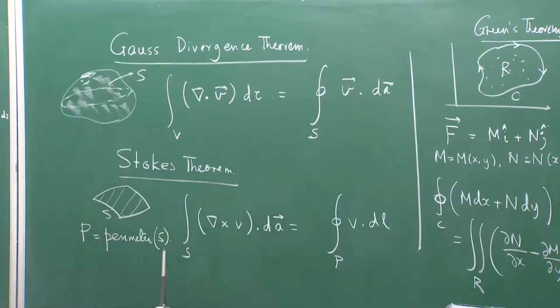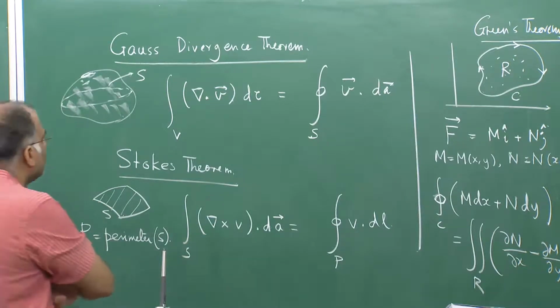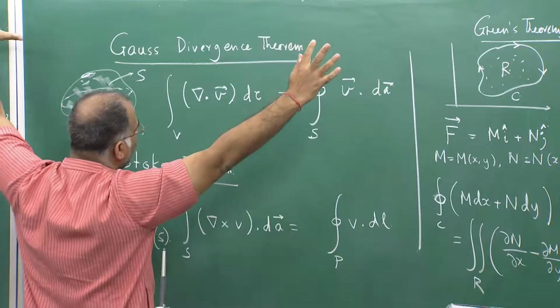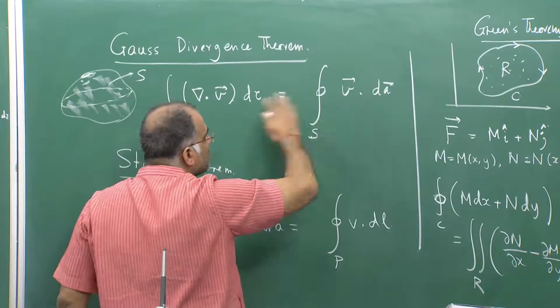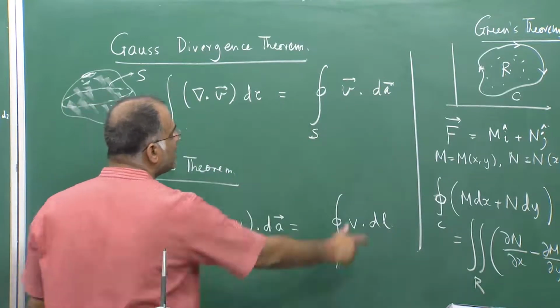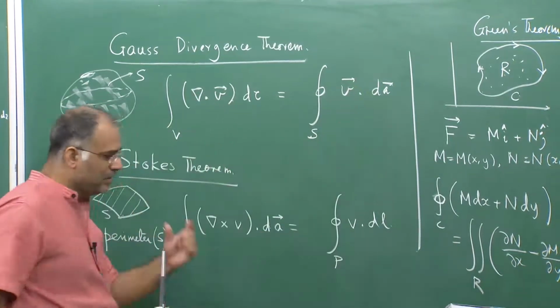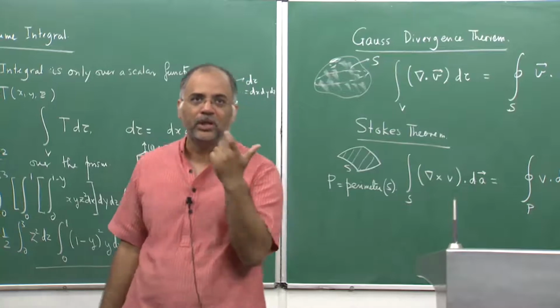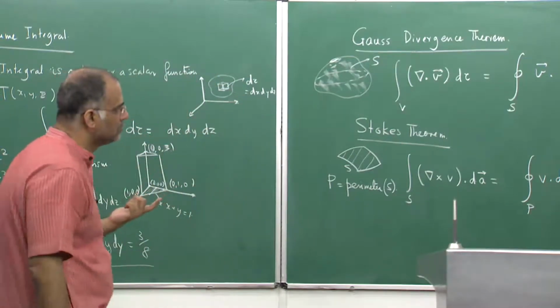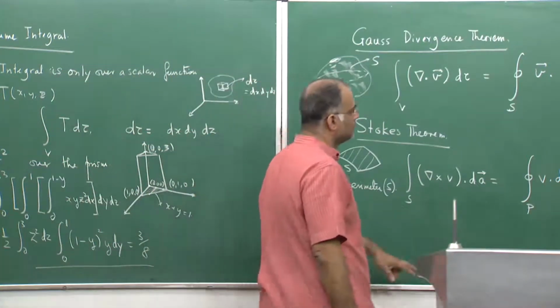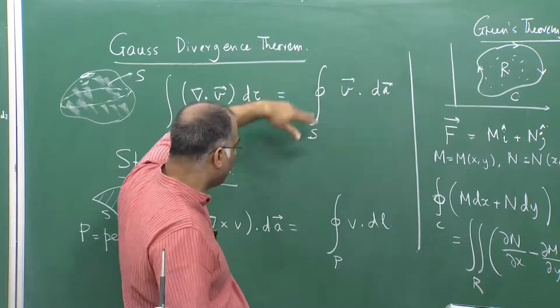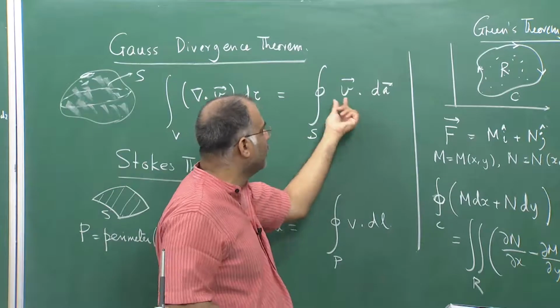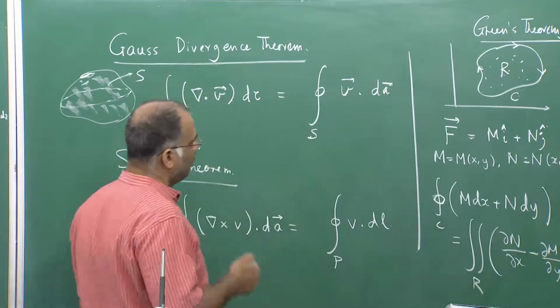So, basically what it is trying to say is that the spreading out of, say, a fluid from a given point is the same as its flux across the surface area. The flux is the change of volume per unit area. Over the small elemental area it is V dot dA.